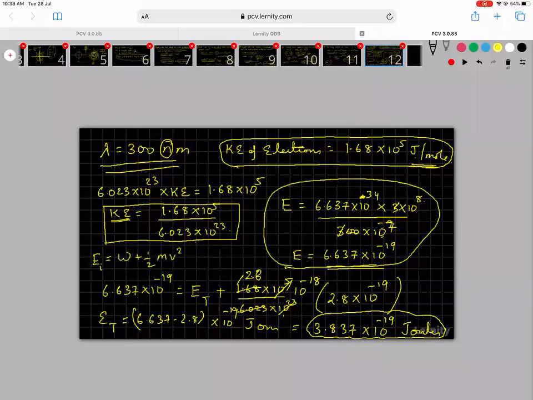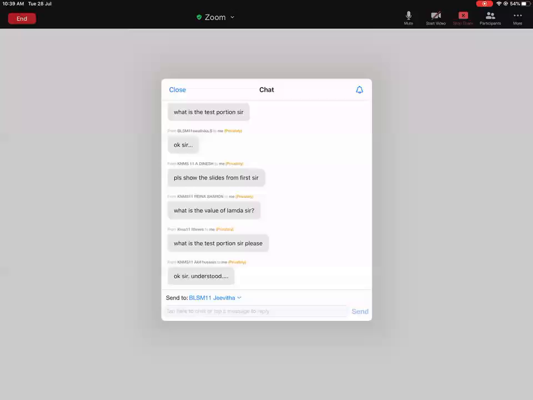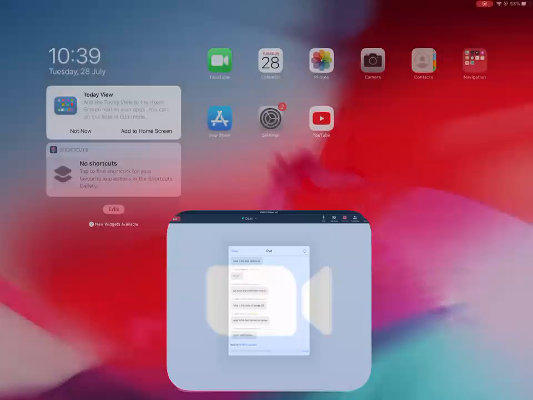So I substituted for this and I substituted for this to get the value for this. Okay, so this is how you do the eighth question.